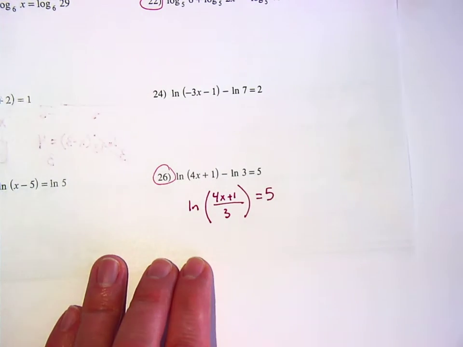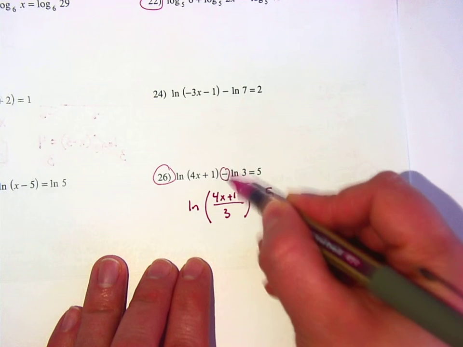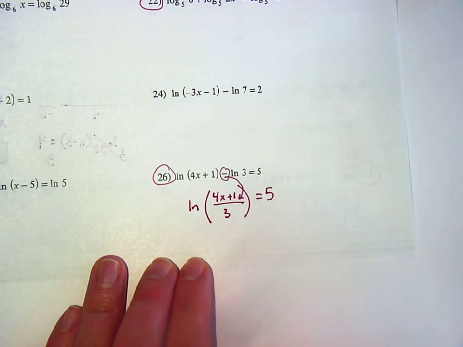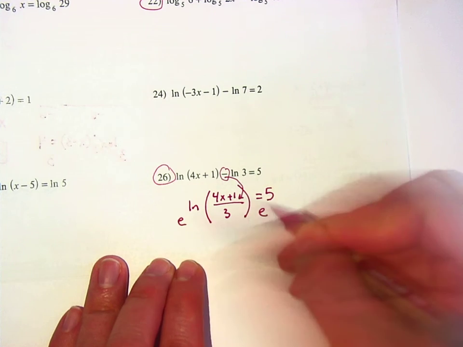To get rid of a natural log? It's positive 3 because the negative just tells you that when you put it together, you're going to divide. Yeah, base e on both sides.